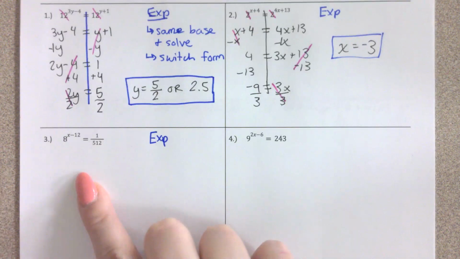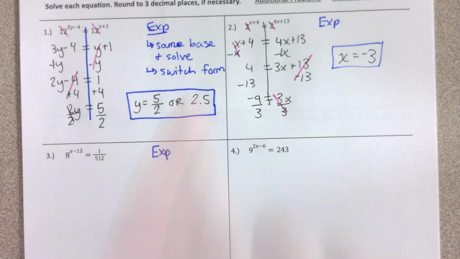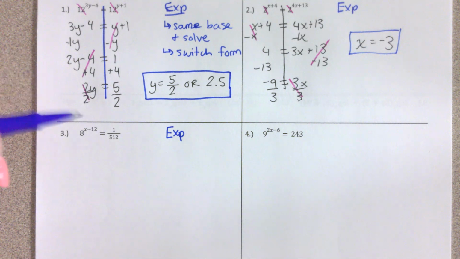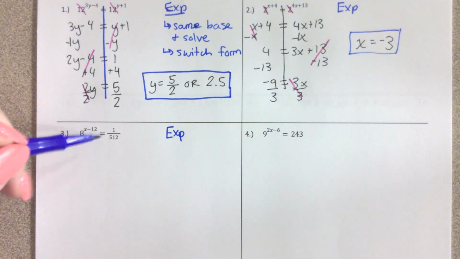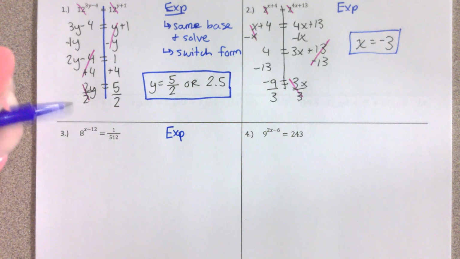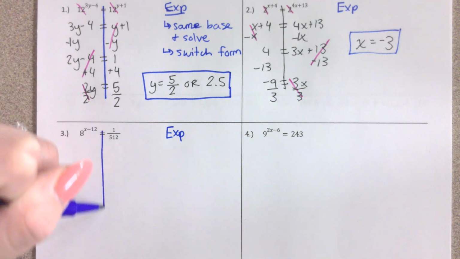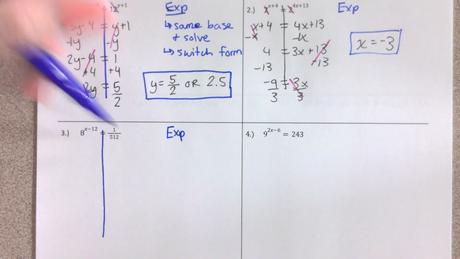So for number 3, I'm going to switch the form. It's going to be a faster way to do it. I'll show you both methods so you know how to do it regardless of which method you like for yourself. All right, 8 to the x minus 12 equals 1 over 5 to the 12. This is a good candidate for switching the form because we only have one exponent. So this is currently an exponential form.